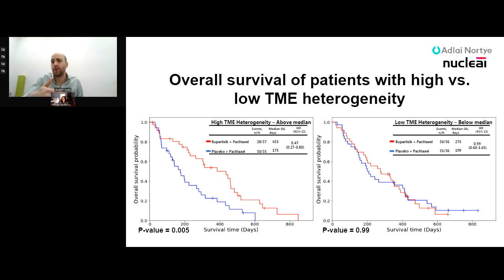To run any kind of multiplexing IHC or sequencing would be much more costly in terms of financial costs as well as material on the slide. And you can see the significant hazard ratio improvement of 0.4 versus 0.99.